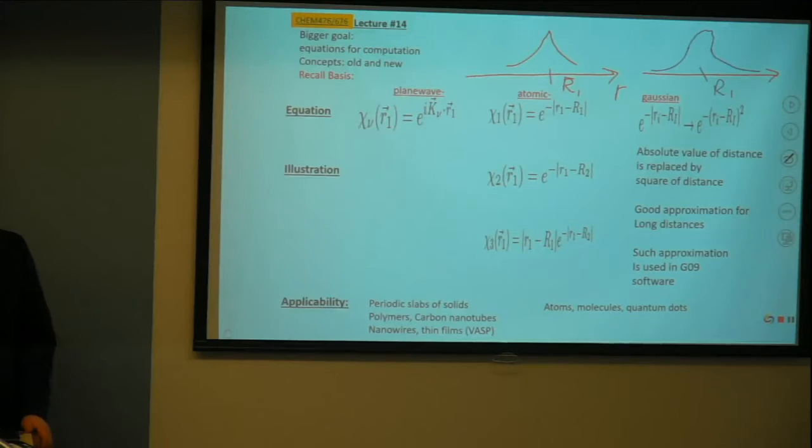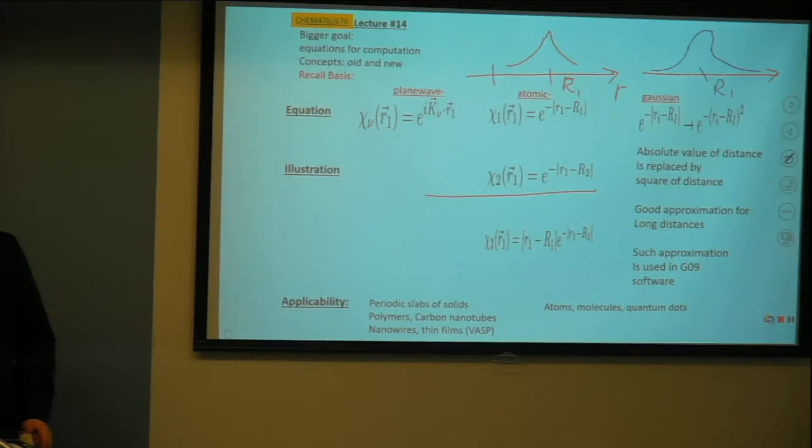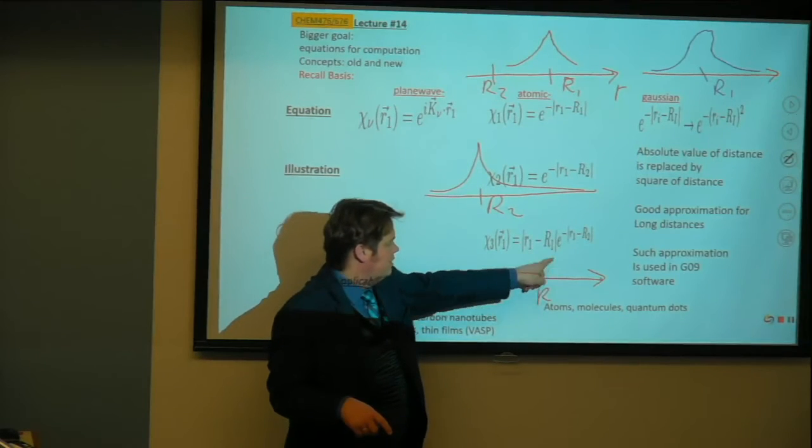Let me continue with some little illustrations. If we have the S function on position R2, it is the same function on the other side, right? If we have a P function at R1, then it will be zero at this point, and then it will decrease.